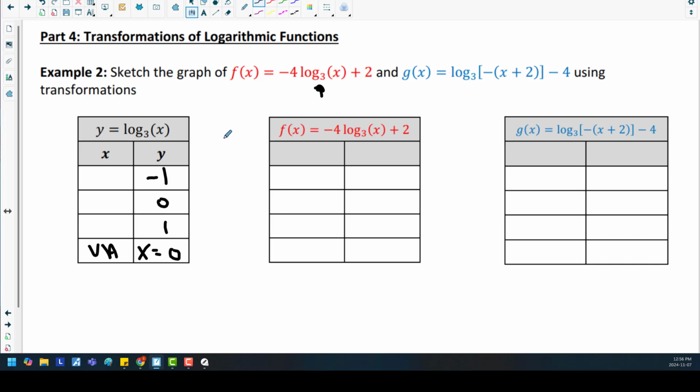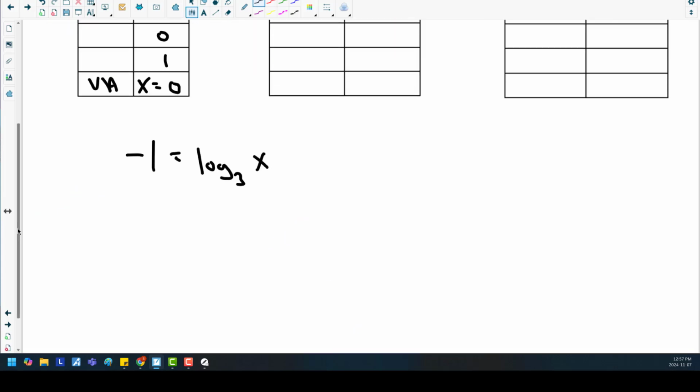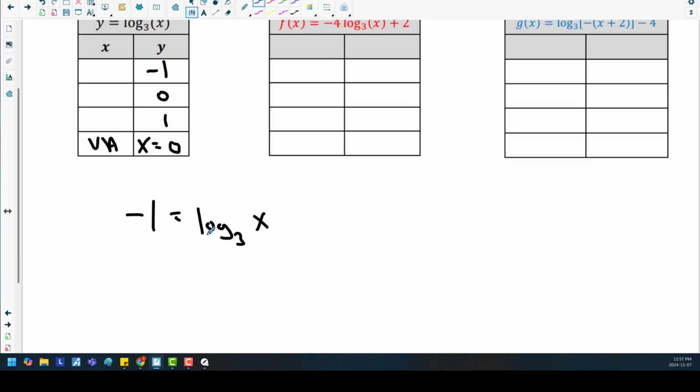And if you're not sure how to calculate this, the way to do this is to choose a y value. Let's say negative 1 is equal to log base 3 x. And hopefully you should know how to do this from lesson 1 and 2 of this unit. You can raise both sides by the base number. So you can do 3 to the power of negative 1 is equal to x.